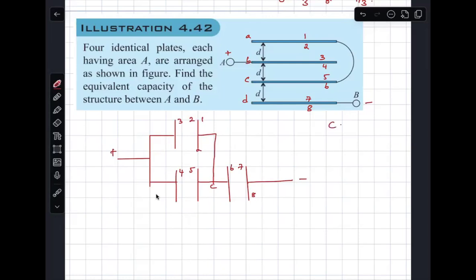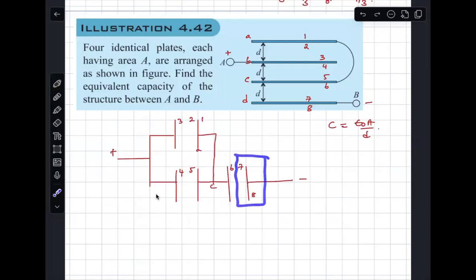All the gaps are d only. So each capacitor is epsilon naught A by d. Now, first thing, check where is plate A. This is plate A. Where is plate B? This is plate B. Where is plate C? This is plate C. Where is plate D?